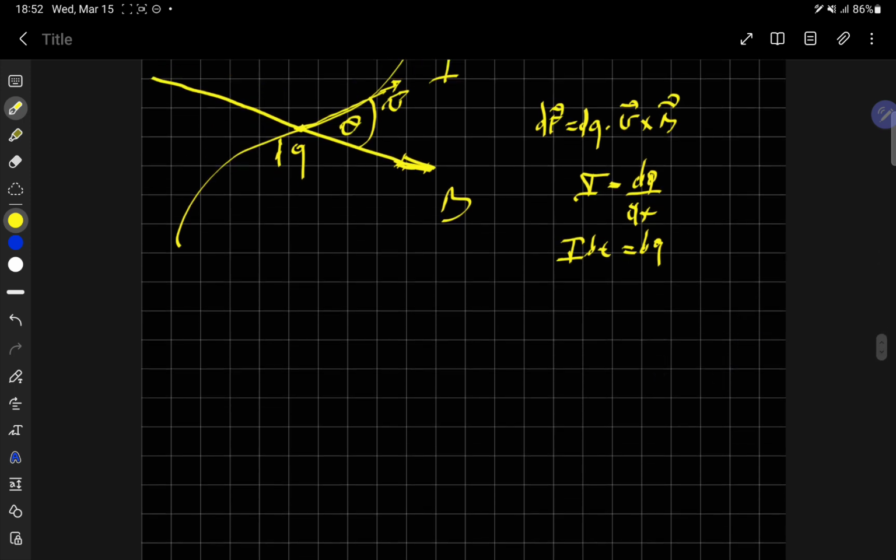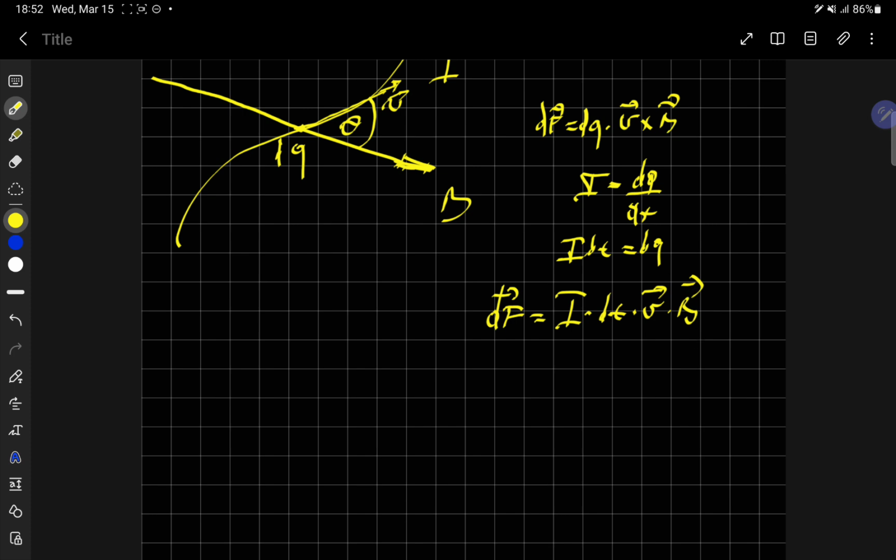We can replace it, so that the force is equal to current times delta T times the speed of that charge times the magnetic field at this point.